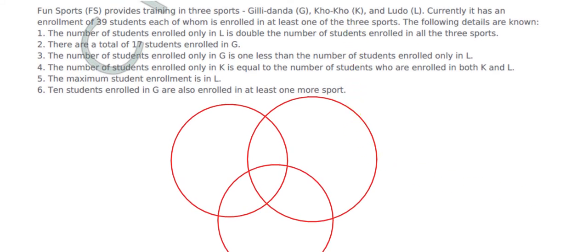So I represent this by G, K, and L. Okay, and the total number of students is 39, and each of whom is enrolled in at least one of the 3 sports. So total of everything is 39. Number of students enrolled only in L is double the number of students enrolled in all 3 sports.